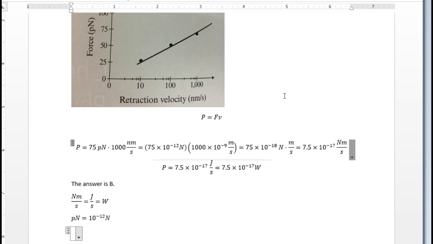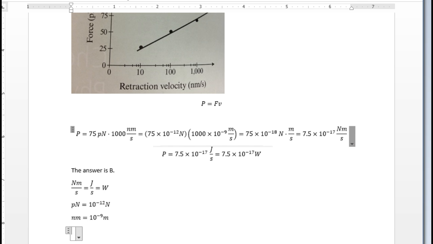I think we've encountered that one before. And I think we've also encountered the fact that a nanometer is 10 to the minus 9th meters. What else did we hit in this? I think that was it, right? So power in a mechanical system is the force times the velocity, and we end up with answer B. And that's it for this problem.